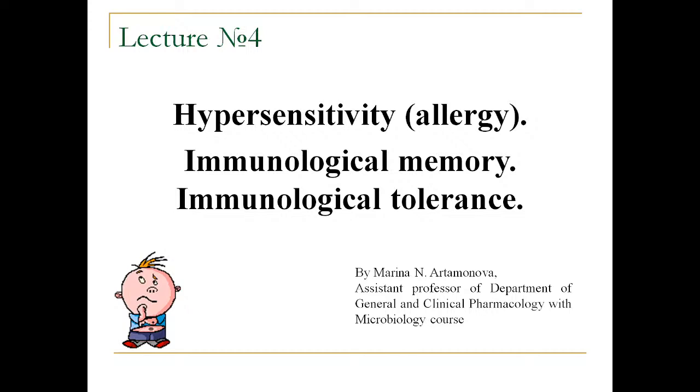And there is another type of immune response, hypersensitivity or allergy. Hypersensitivity or allergy is an abnormal type of immune response. It is immunopathology. It is pathology of the immune system.